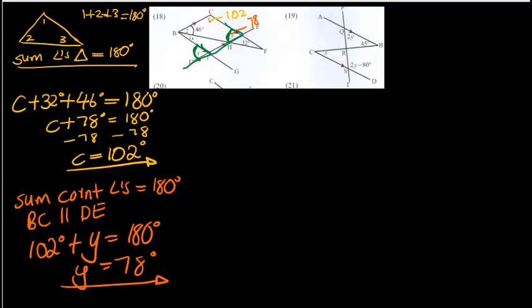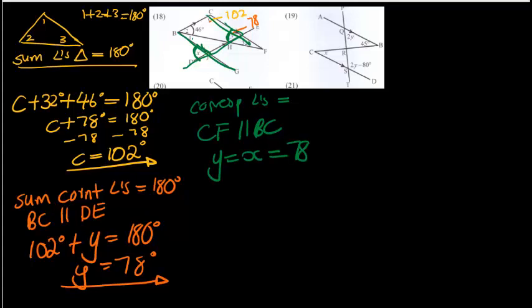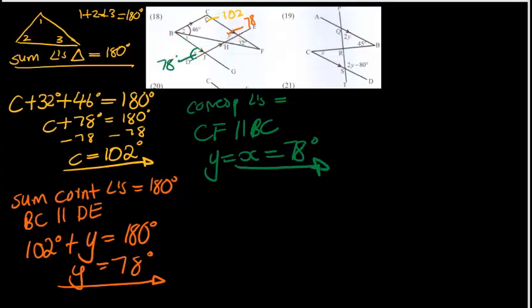So I'm going to say that corresponding angles are equal to each other, and my parallel lines are going to be CF is parallel to BG, because it's this line and that line. That means that X is equal to y, or I can say y is equal to X, which is equal to 78 degrees. All right, let's do question 19.